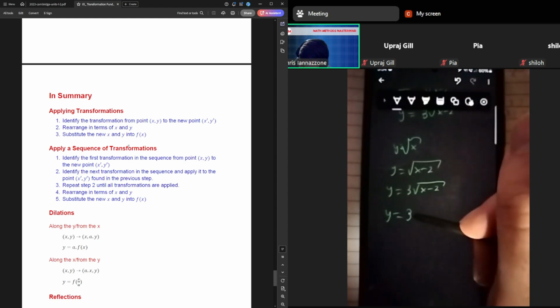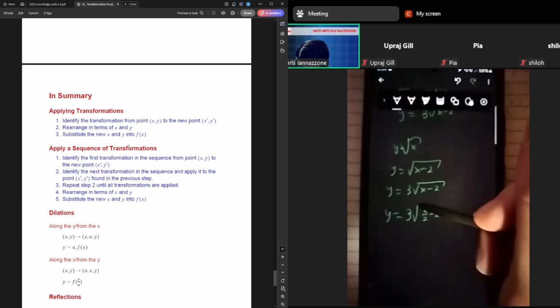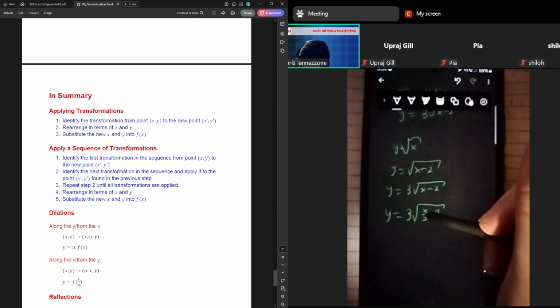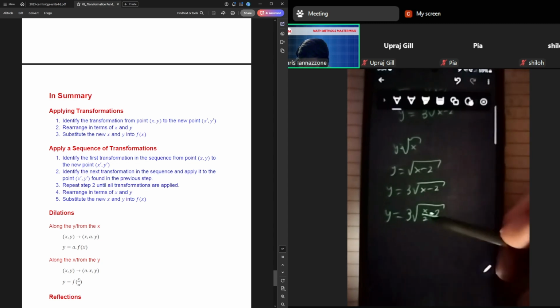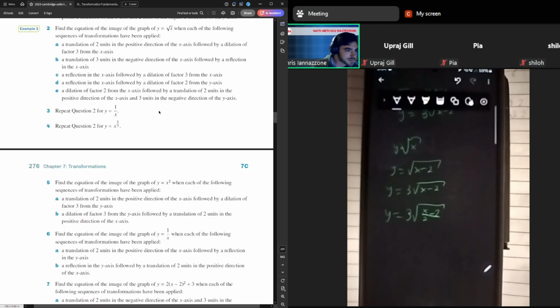So when you do your 3 root, like let's say we're doing a dilation factor of 2 from the y, I believe that now looks like this, because you're replacing every x with x divided by 2, and that's what that looks like. But I think a lot of people will just go and divide the entire thing by 2. Yeah, it's one or the other of this, and that's the weird thing to me. Point being, do the x dash y dash, and you'll be pretty happy that you've done it.